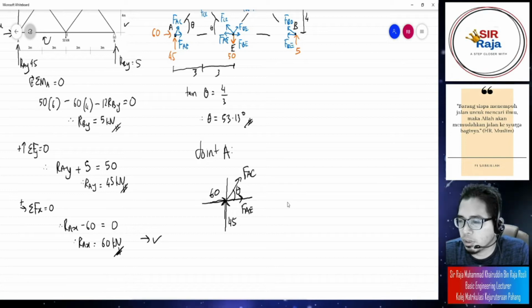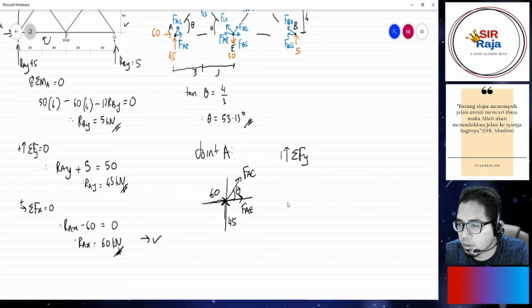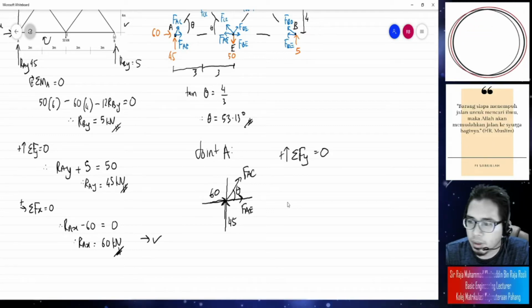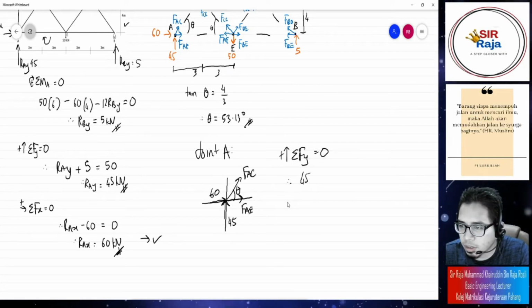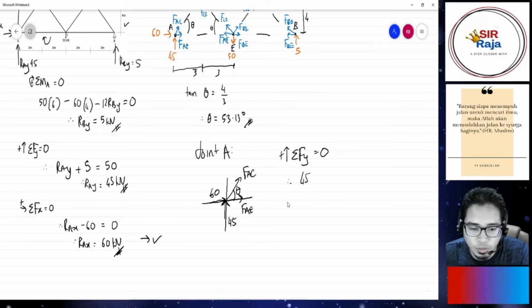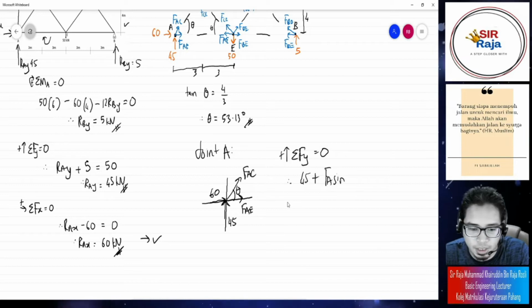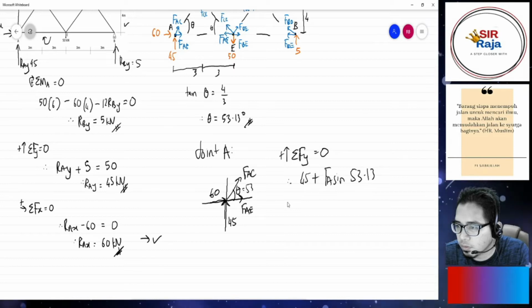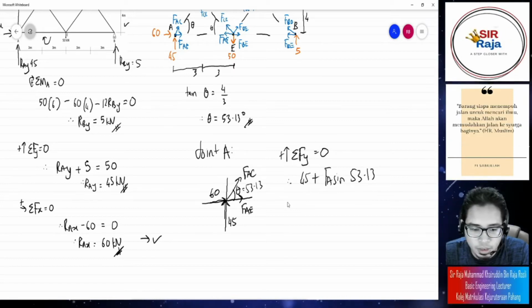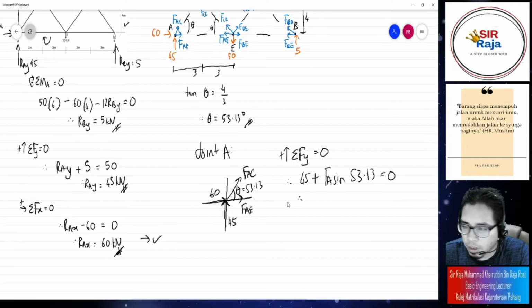Now we're gonna use equilibrium of particles. So you start with the sum of Fy positive equal to 0. Therefore you're gonna have 45 plus, because the Y component of FAC is going up, FAC sine 53.13, as our theta is 53.13, and this is equal to 0. Okay, therefore we're gonna get our FAC.